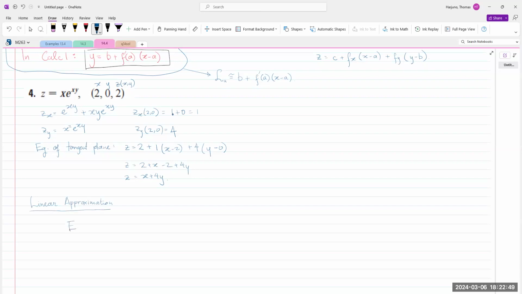The equation of the tangent plane is given by z equals the value at (a, b), plus the partial of f with respect to x at (a, b) times x minus a, plus the partial of the function at (a, b) with respect to y times y minus b.